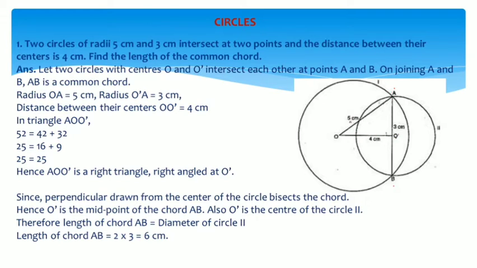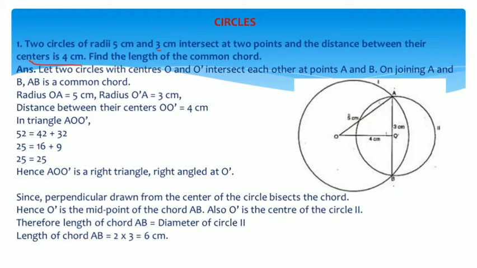Now we can see in this triangle OA is 5 cm, OO dash is 4 cm because it is given that the distance between the centers of the two circles is 4 cm, and O dash A is the radius of the smaller circle, which is given as 3 cm.